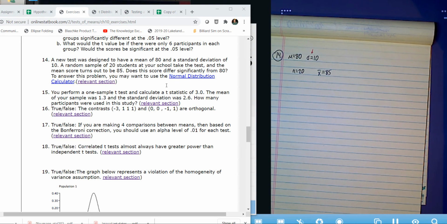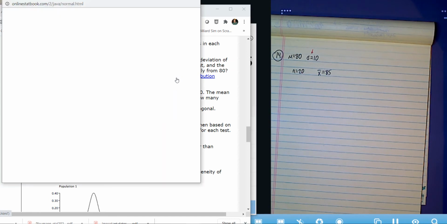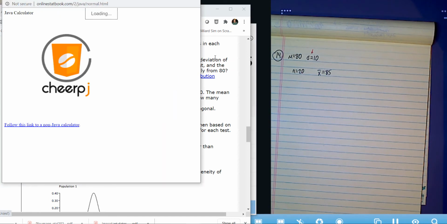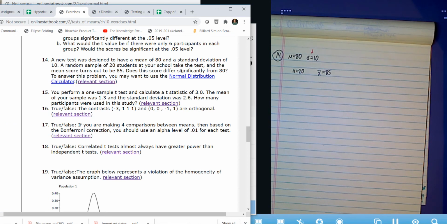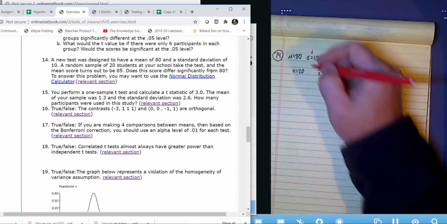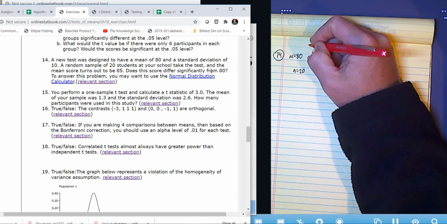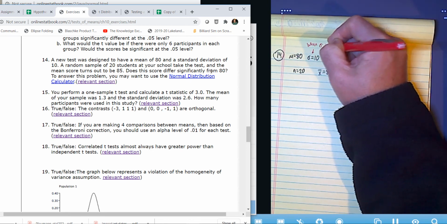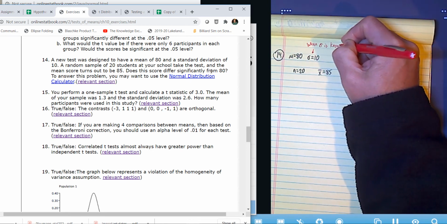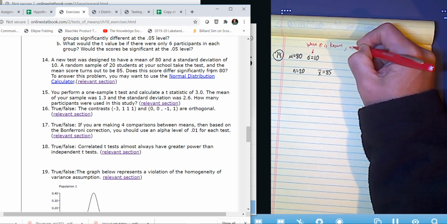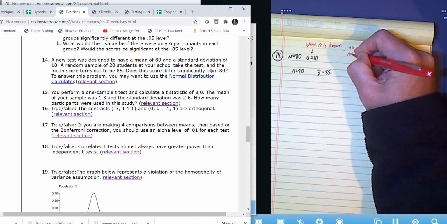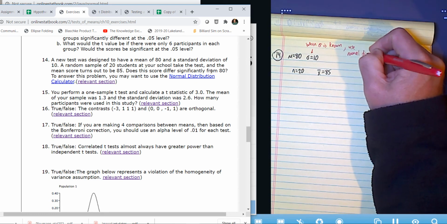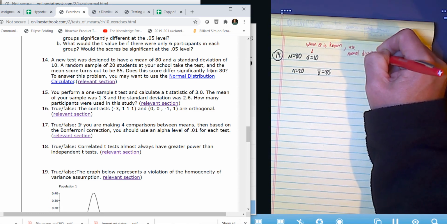I'm going to go ahead and launch that here so you can see what it looks like when you do it. But I guess the point is, because sigma is known, we can use the normal distribution. And so I don't need a t distribution in this case.